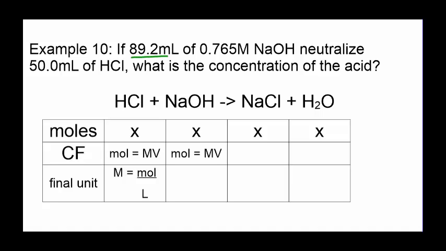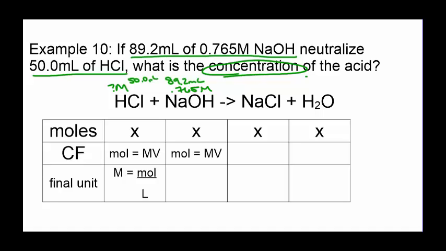So if 89.2 milliliters of 0.765 molar NaOH neutralizes 50 milliliters of HCl, what is the concentration of the acid. So we are looking for molarity of HCl. We know that we have 89.2 milliliters of 0.765 molar NaOH, and we know that we have 50 milliliters of HCl. So we start our box the same way with our X's.